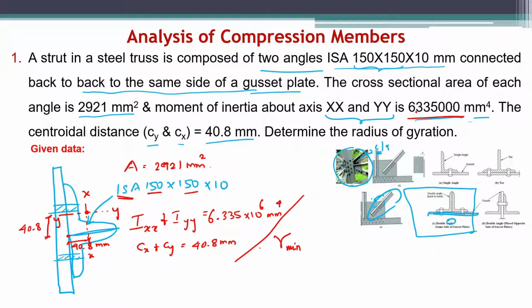So as far as a column is concerned, we have to always identify where the minimum moment of inertia axis is and the corresponding minimum radius of gyration. If we know that, then we are able to predict the axis on which the buckling is going to happen, and also the strength of the compression member in that axis.